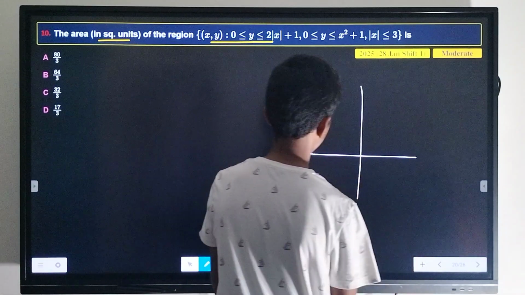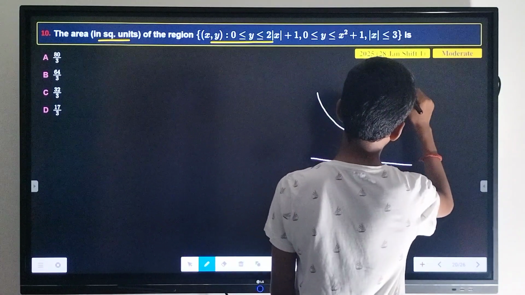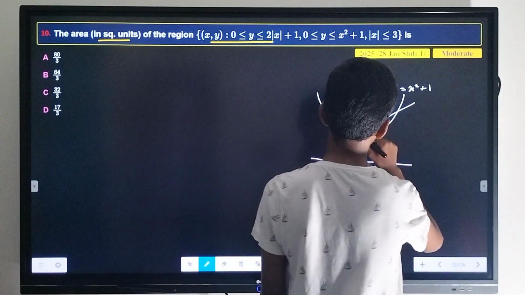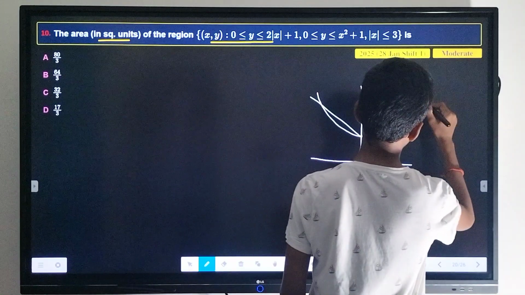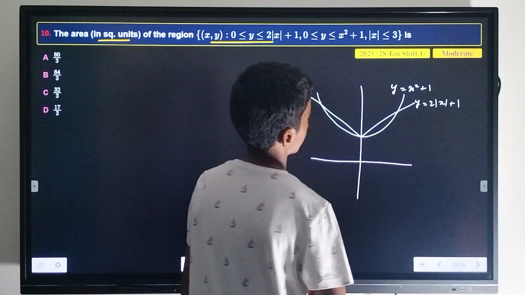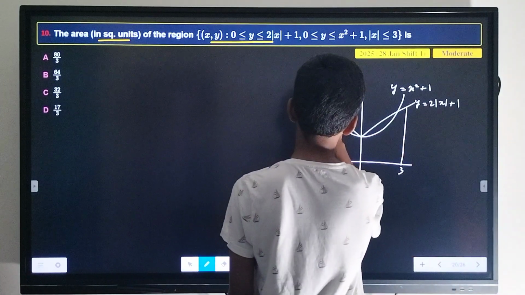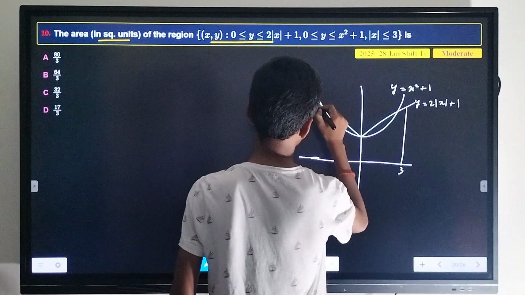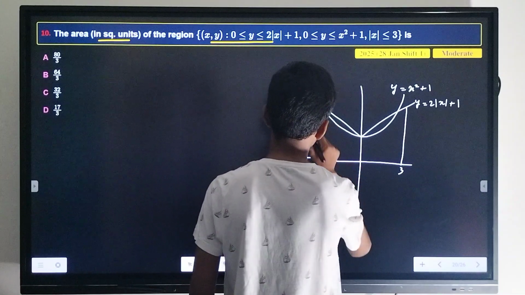This is our y is equal to x square plus 1, and this is y is equal to 2 magnitude of x plus 1, and mod of x is equal to 3. This is 3, and this will be minus 3.